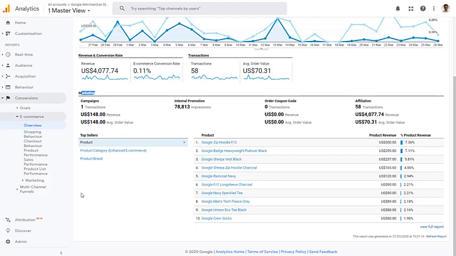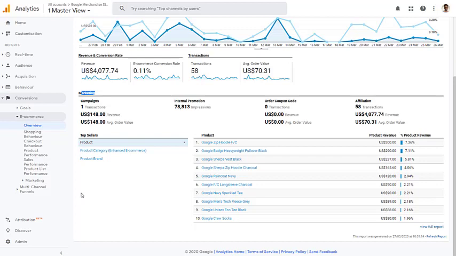With the help of UTM parameters, we have sent information back to Google Analytics saying that this user came via social media because of my Diwali campaign. Now, if such users end up buying some product on your website, information will be shown here so that you understand how effective your campaigns were in this overview screen itself.